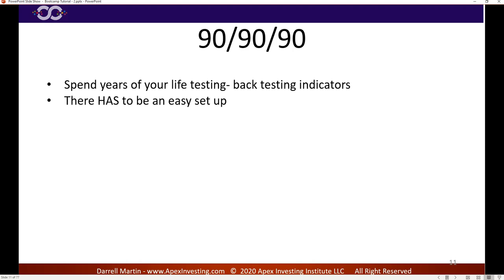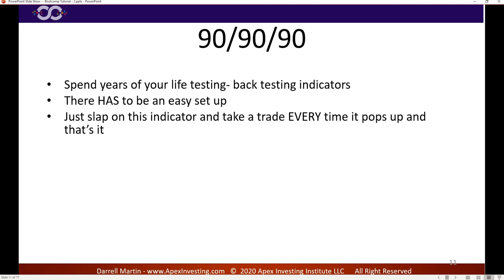These people that really study the markets and understand how they work, and understand levels and what's going on behind the scenes, that's just too much work. I don't want to do that. There has to be an easy setup. There's got to be some indicator that's magic, and it just works, and I can take every single trade.